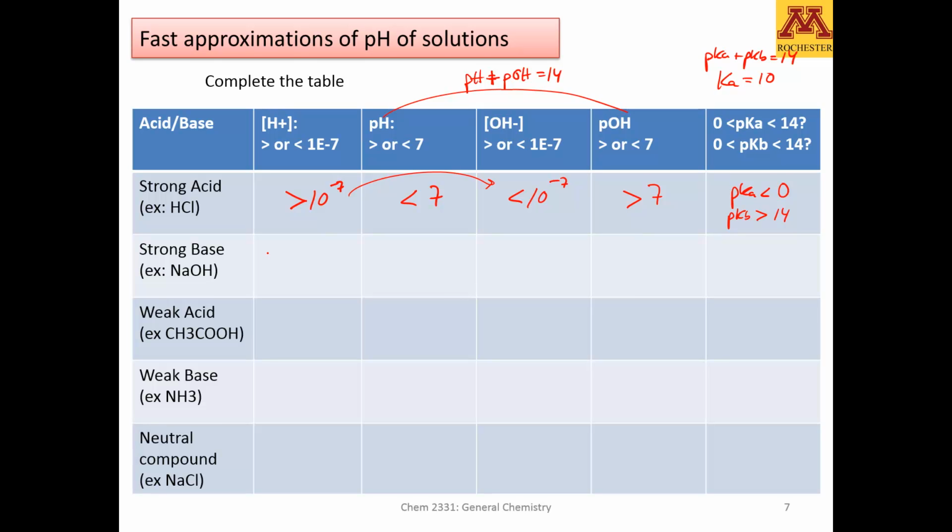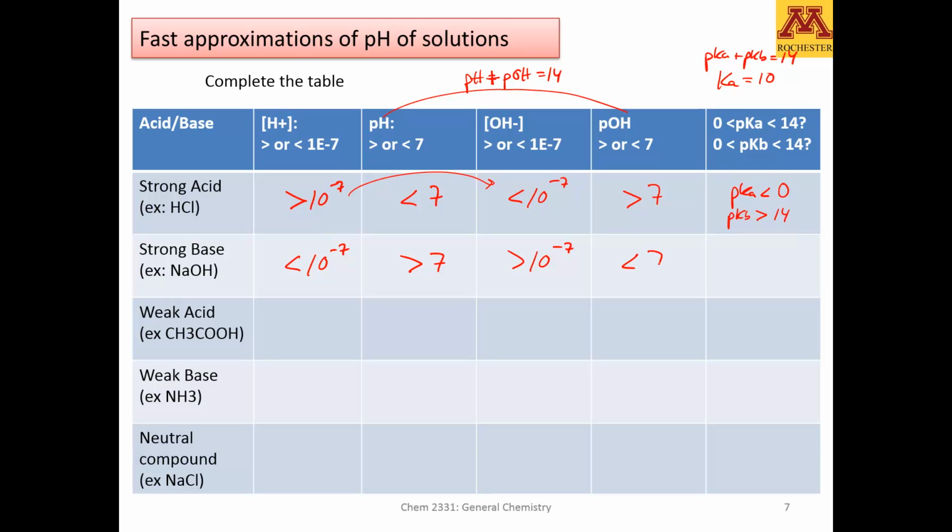Okay, what can we say about a strong base? A strong base will have for sure a concentration of hydroxides higher than 10 to the negative 7. Therefore, the concentration of hydronium is going to be smaller than 10 to the negative 7. Okay. Therefore, a strong base will have for sure a pH higher than 7.